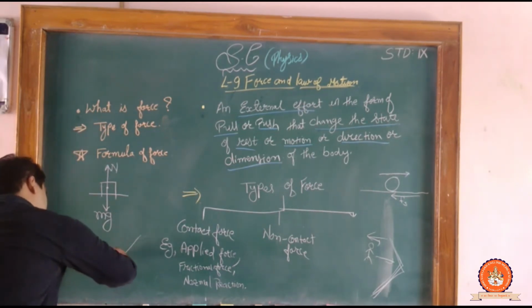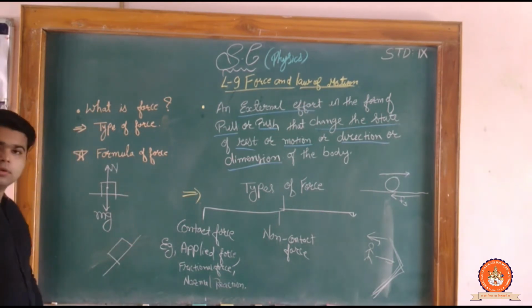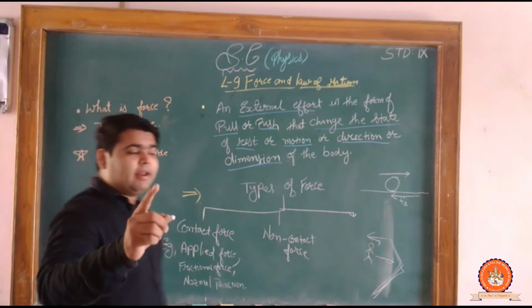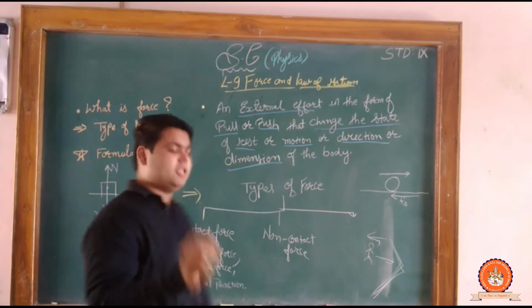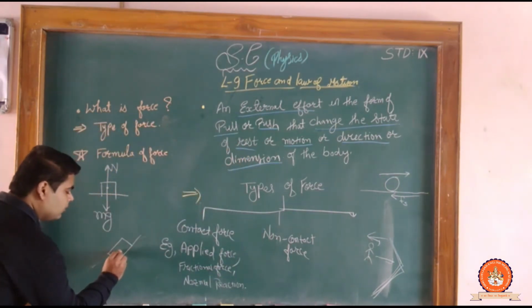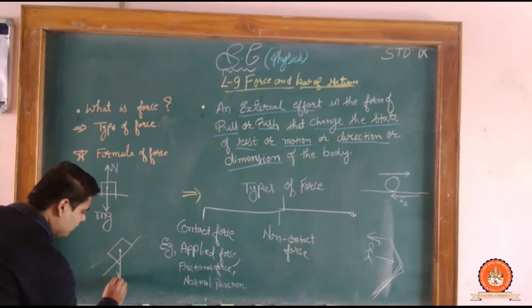Here is one particular box. Now we know very well that gravitational force is always in the downward direction. ऊपर नीचे कहीं नहीं जाएगा. So this is our center. So gravitational force is always in the downward mg.